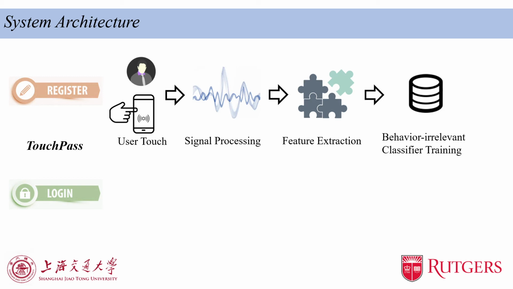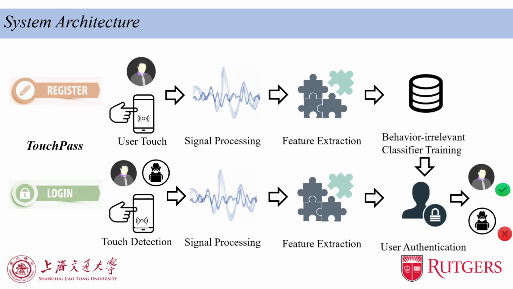After that, a behavior irrelevant classifier is trained using the extracted features. Then in the login phase, the same signal processing and feature extraction process are conducted, and the classifier obtained from the register phase is then used to classify the legitimate users and spoofers according to the features obtained in the login phase.